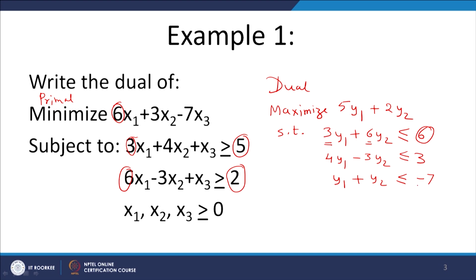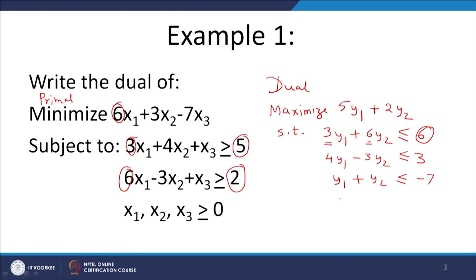Now, do not worry about the negative right hand side, because as far as writing the dual is concerned, you need not worry if the right hand side is negative. Only when you are going to solve it, then you need to make sure that the right hand side should be greater than or equal to 0.